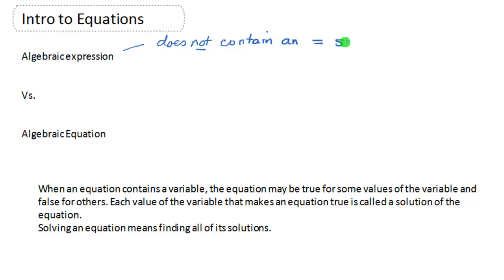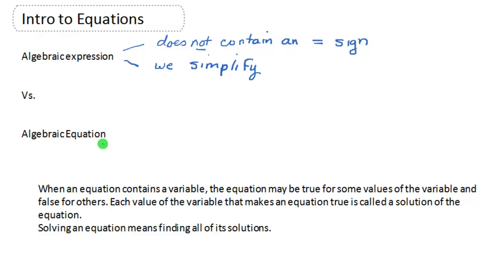So we would have terms added together or terms subtracted, but there was not an equal sign in an algebraic expression. And what we do with algebraic expressions is that we simplify them. We combine like terms, we might use the distributive property, but we simplify the algebraic expression.